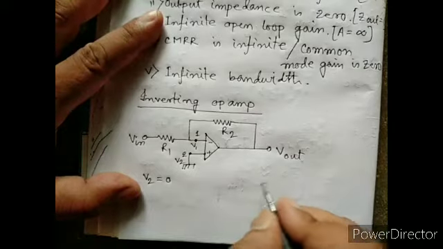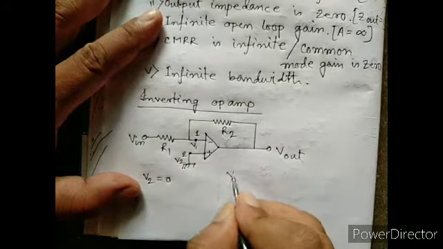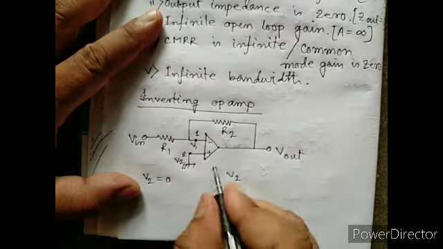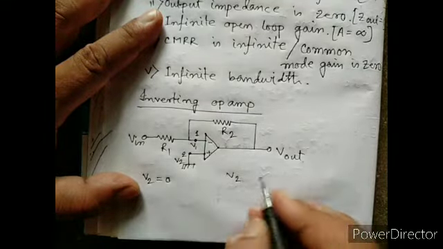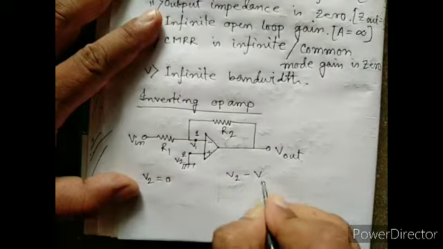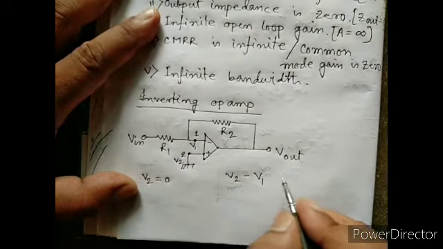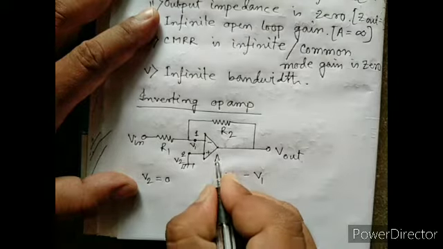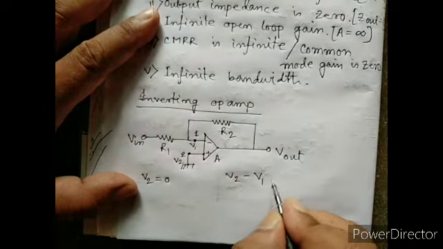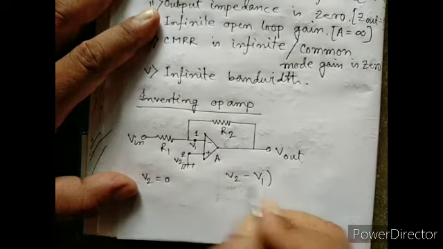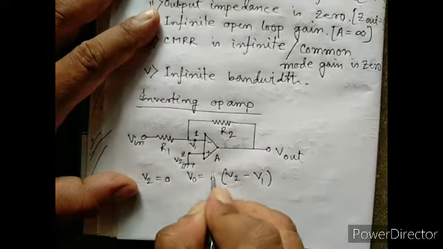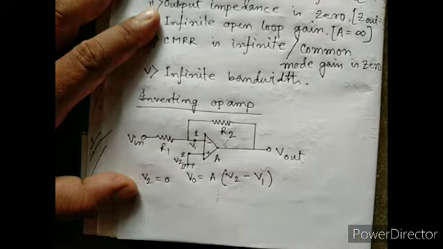The difference of the inputs is V2 minus V1, and if the gain is A, then output V0 will be A into V2 minus V1.